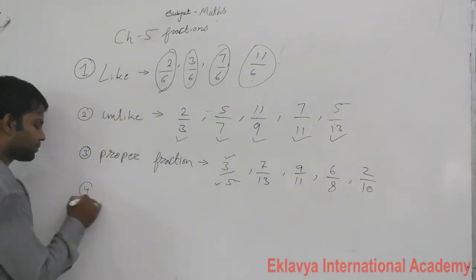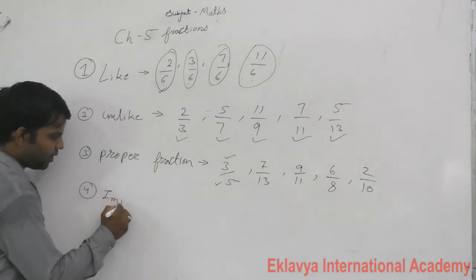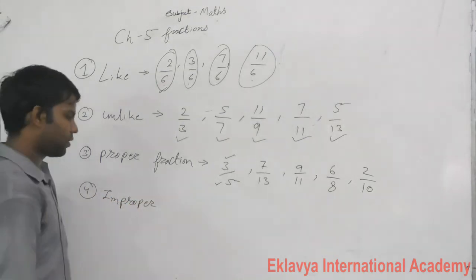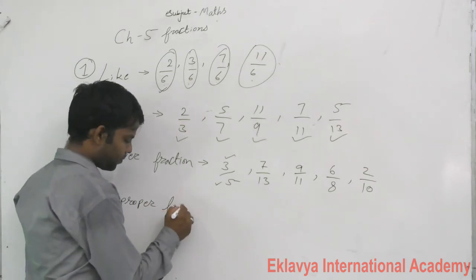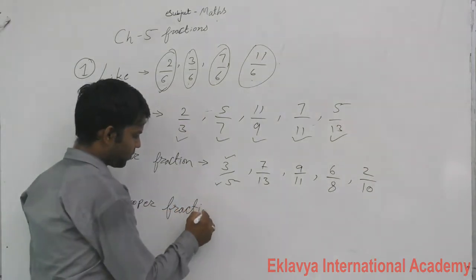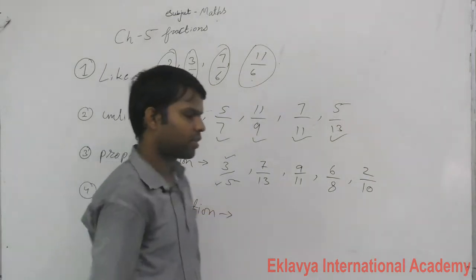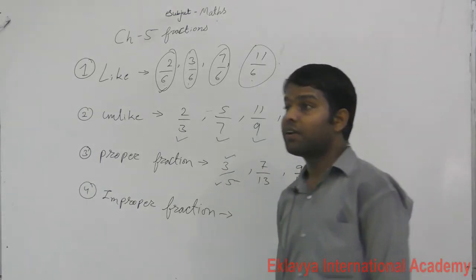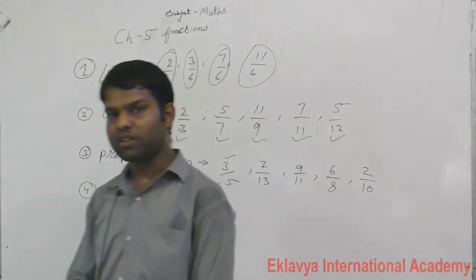Fourth type, improper fraction. Improper fractions are defined as fractions where the numerator is more than the denominator.